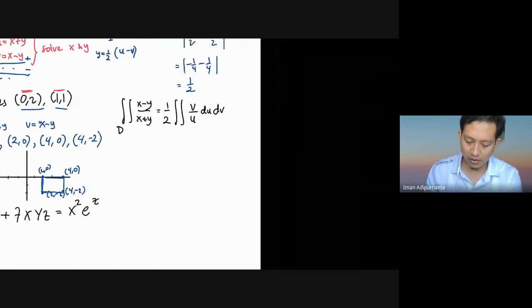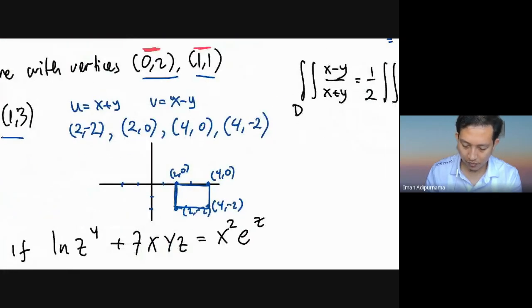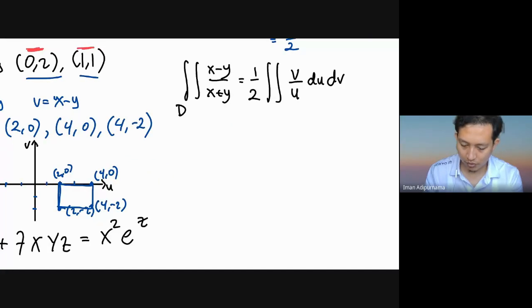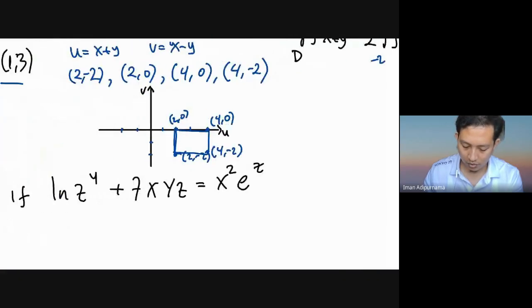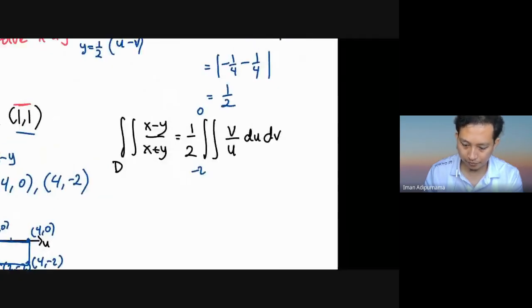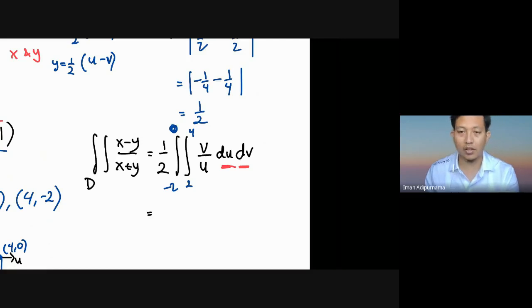So we can write, this is u, this is v. So v is from negative 2 to 0, right? So we can write v is negative 2 to 0, and u is from 2 to 4. Okay, now the next thing is we can integrate. Notice that you can actually reverse this as long as you want.